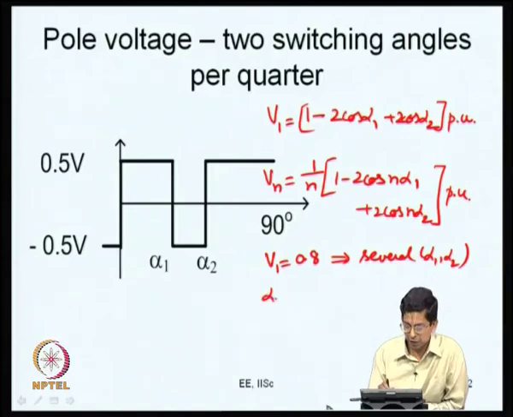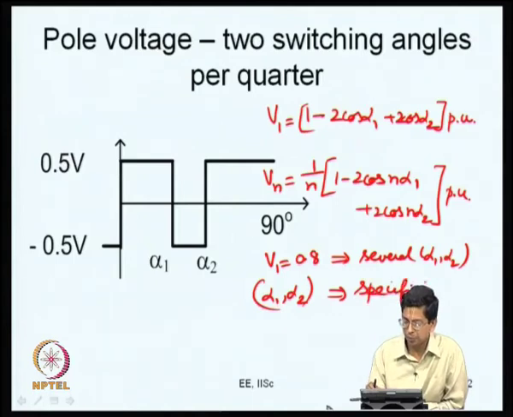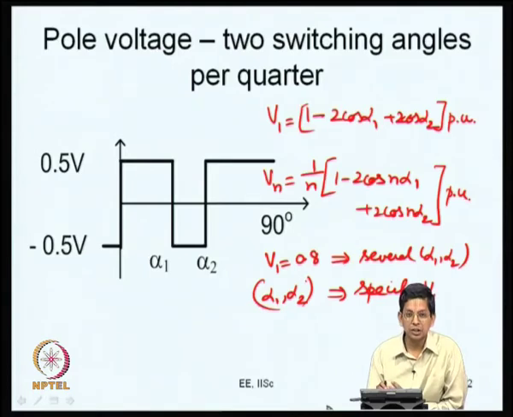If I specify a particular value of alpha 1 and alpha 2, let us say 20 degrees and 40 degrees or 60 degrees and 80 degrees, this will give me a specific V 1. On the other hand, if I have a specific fundamental voltage such as V 1 is equal to 0.8, I can realize this not using just one pair of alpha 1 and alpha 2, but I can use several pairs of alpha 1 and alpha 2.